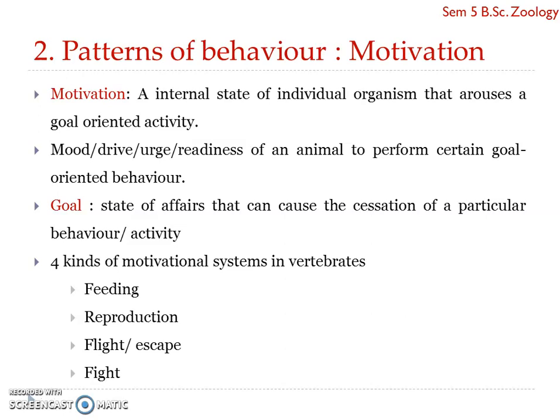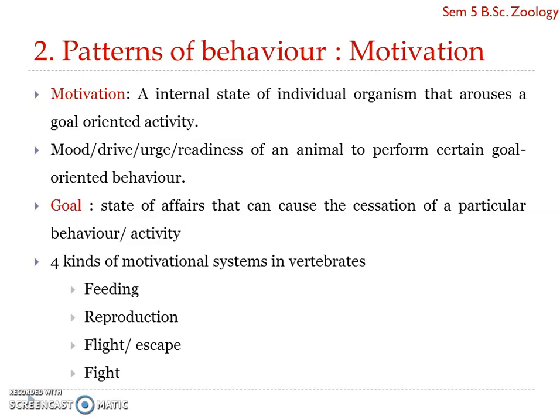Now, the majority of the behavior patterns can be assigned to four categories. That is four major motivational systems, and these include feeding, reproduction, flight, and fight. Okay. Within the large motivational systems, there can be many subunits of behavior that are more or less connected with each other.